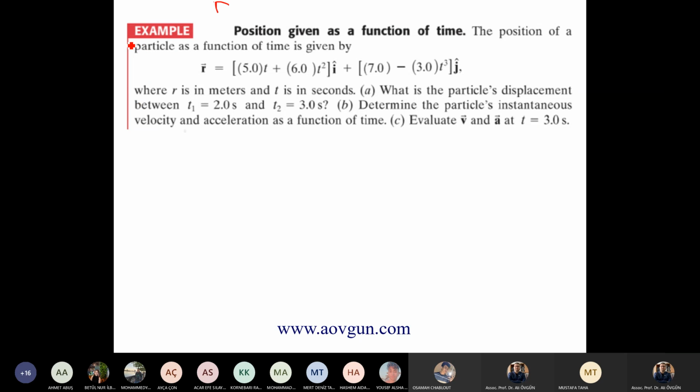Let's say this r1, when t is equal to 2 seconds, is a function, so you directly put 2 inside: 5 times 2 plus 6 times 2 squared, this is i hat, plus 7 minus 3 times 2 cubed j hat.